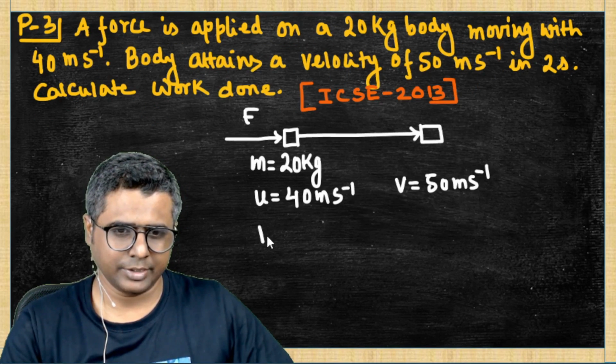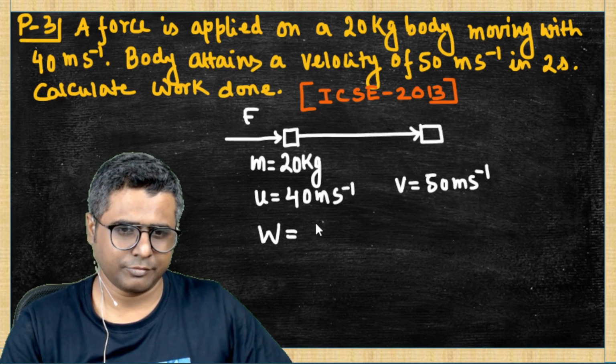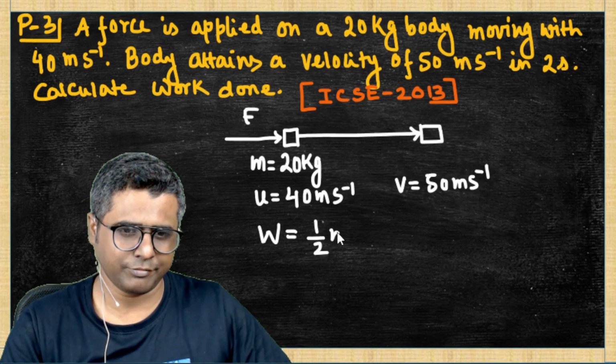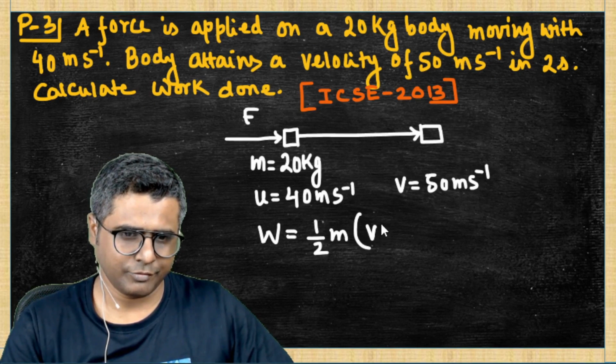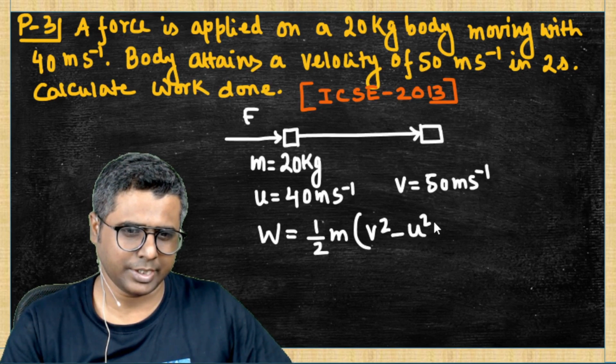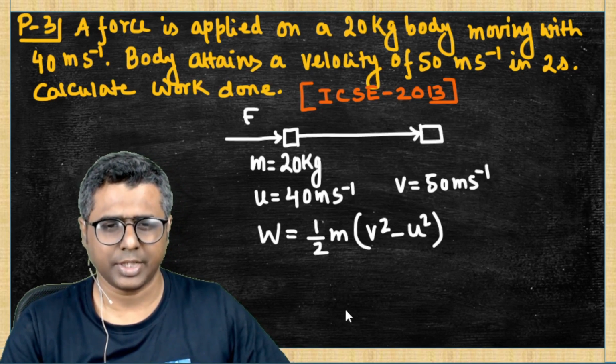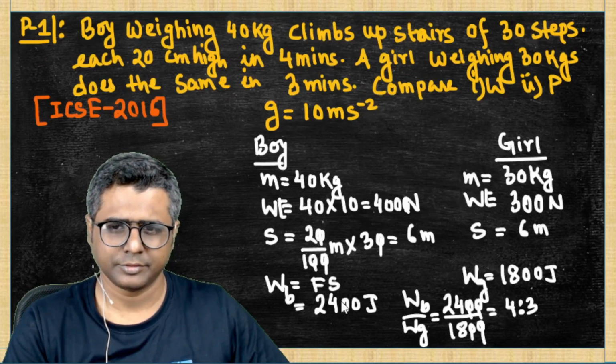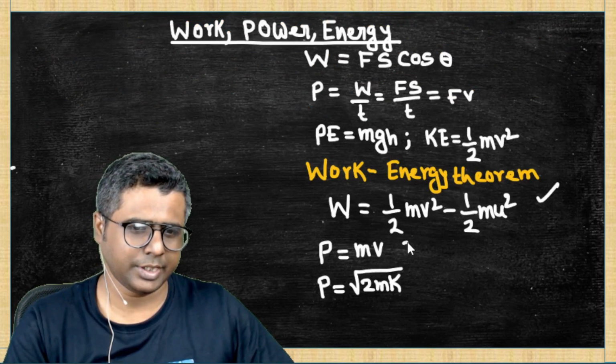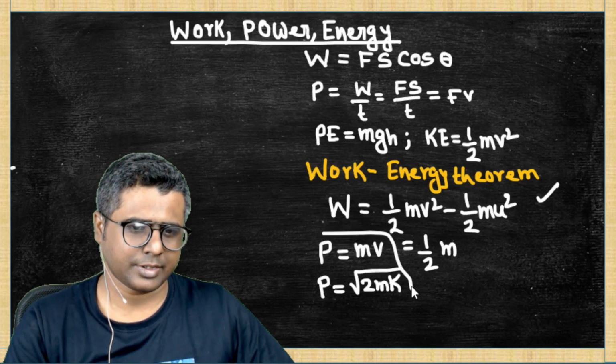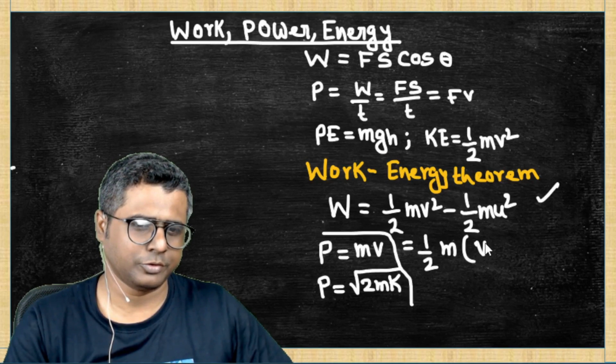So, work done is equal to final kinetic energy, half m v square, minus initial kinetic energy. Understood? I can easily take half m common. So, it will be v square minus u square.